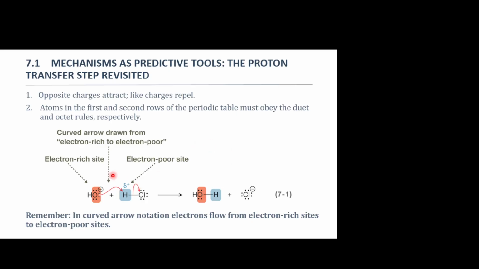Okay, and so this is your electron-rich site here. Where do electron-rich sites have to go towards? They have to go towards electron-poor sites. They don't go towards other electron-rich sites, right? If you were digging a ditch, a gully, would you dig uphill so that your water can flow? No, that's not going to work, is it?